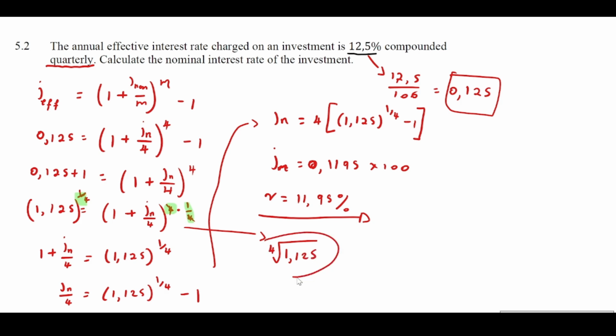You can continue to write it like this until you get here, and also on this part. Then you minus 1 and you get to the final answer. So that is our 5.2.